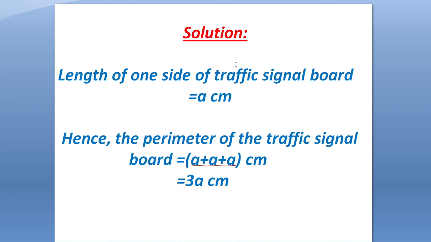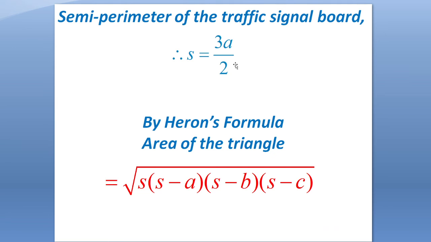Solution. The length of one side of the traffic signal board is equal to A centimeter. Hence the perimeter of the traffic signal board is equal to A plus A plus A centimeter, which is 3A centimeter. Now the semi perimeter of the traffic signal board is equal to 3A by 2. Therefore S is equal to 3A by 2.